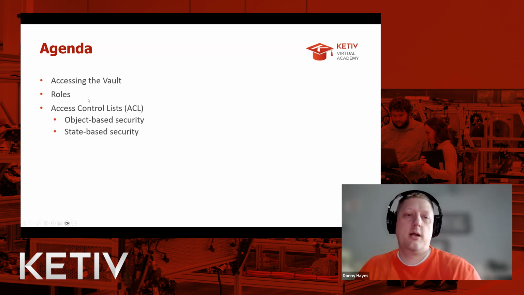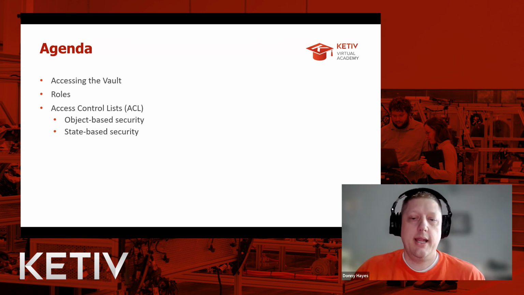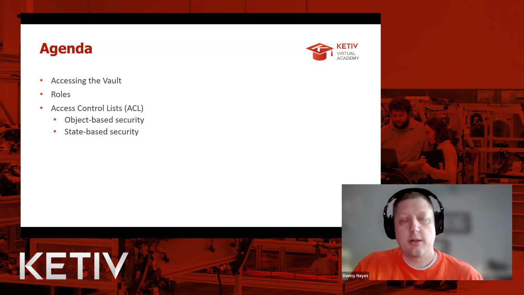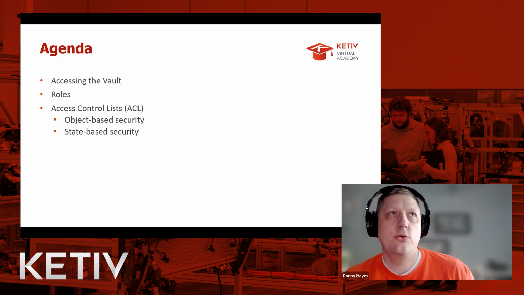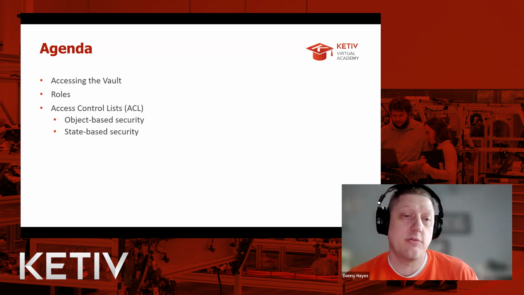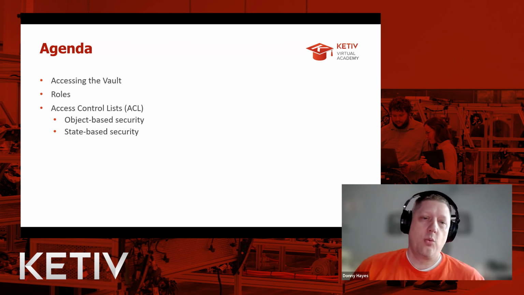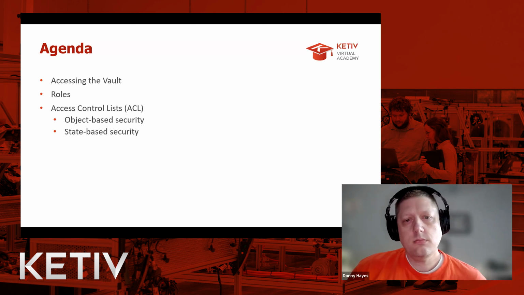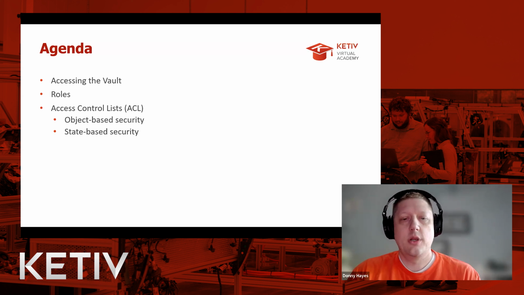Today we're going to talk about what's required for users to be able to access the Vault, the minimum requirements, and then roles, and how to find the permissions associated with each role, so we know what we're allowing people to do.